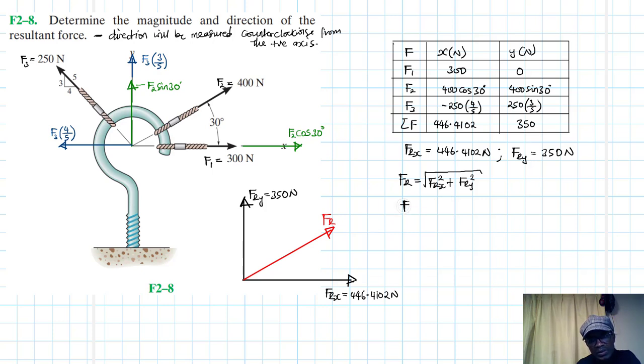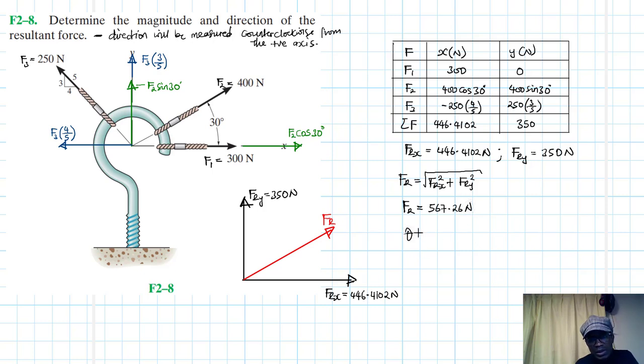FR resultant is just going to be equal to 446.4102 squared plus 350 squared, and square root of that we have 567.26 newtons.